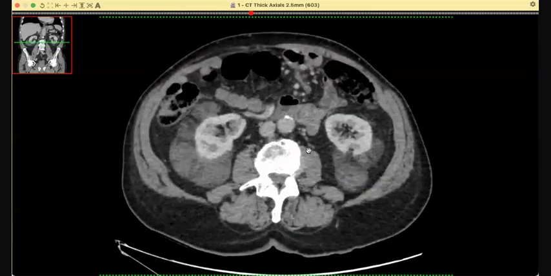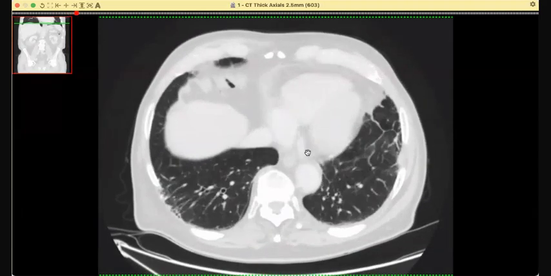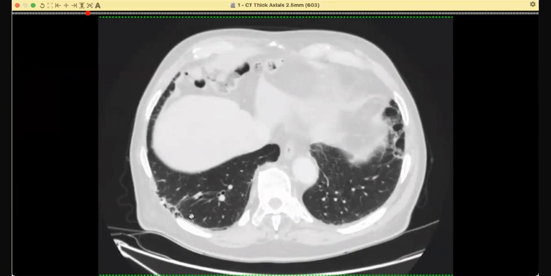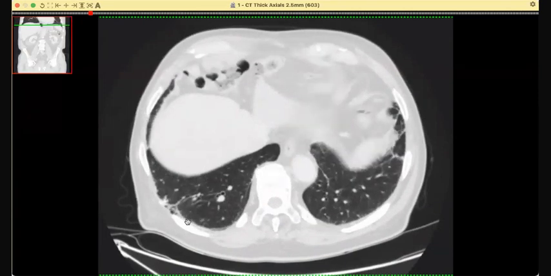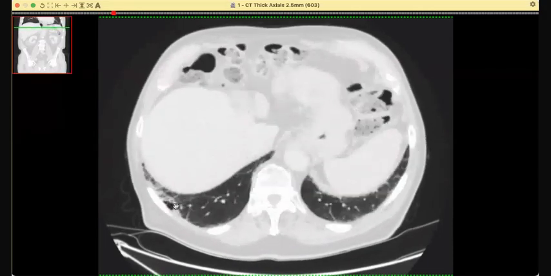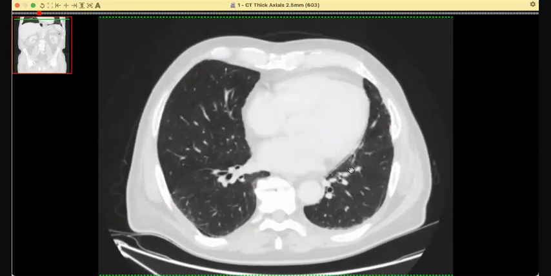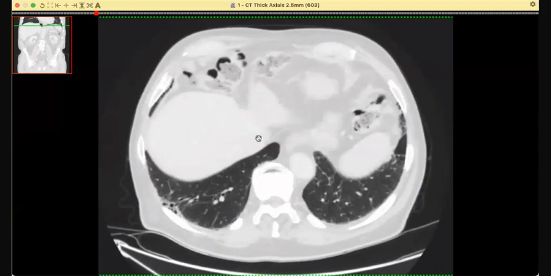Let's look at the possible manifestations in the visualized lungs. You can see these cysts here. So this is one of the manifestations which you can see, and then some septal thickening, non-specific, but one can say that it is there.